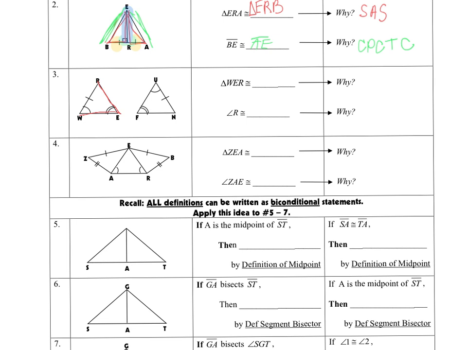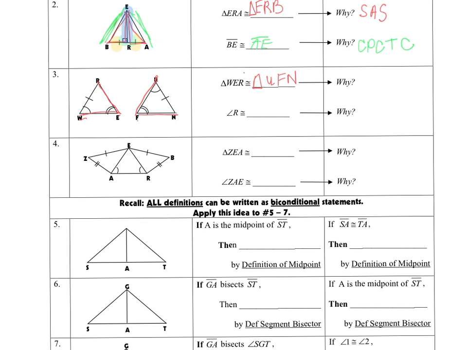Notice that I started with the W, and that W is the same as the U. And then I went to E, which would be the same as the F. So I'm going to move from U to F. And then we went to the R, which would be the same as the N. So I needed to put my triangle notation in there. So we're going to say that triangle WER is congruent to triangle UFN.